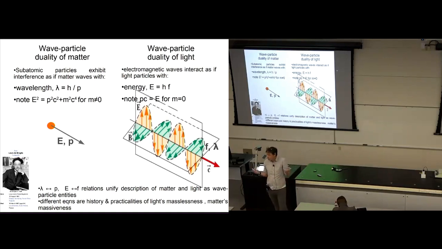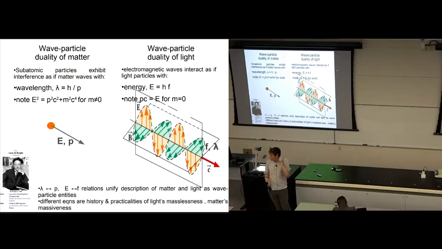When you see these two equations, you might wonder, well, why are they different equations for light and matter? They're really actually not different equations for light and matter. You can turn the one on the left, lambda equals h over p, into the one on the right just by a little bit of algebra, substituting equations.